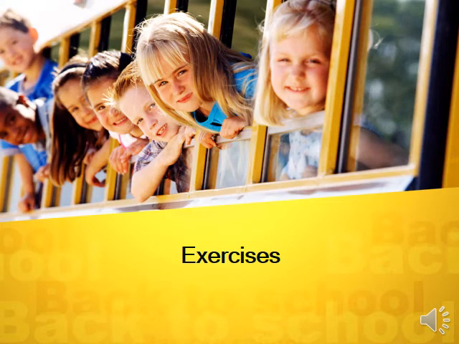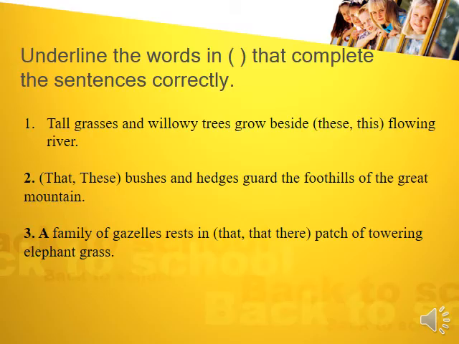So let's look at some exercises. Underline the words in parentheses that complete the sentences correctly. Tall grasses and willowy trees grow beside this or these flowing river. Where is the noun that the adjective is modifying? Of course, it's not flowing, because flowing is also used as an adjective. So what is the noun? The noun is river.